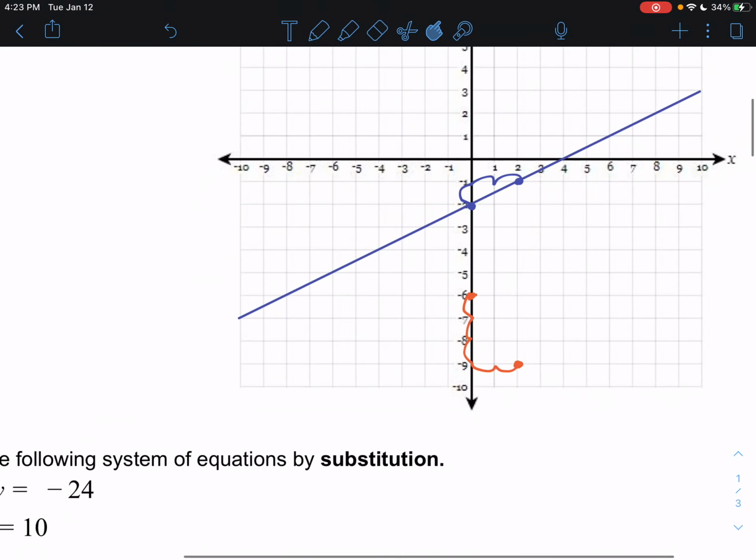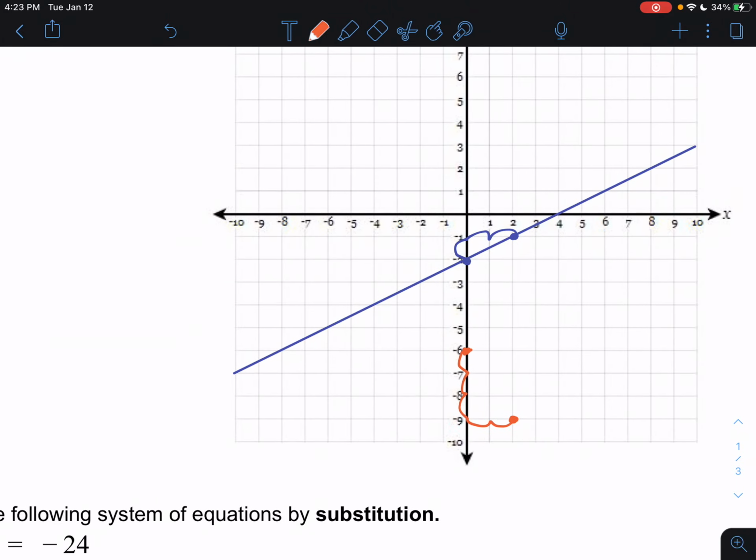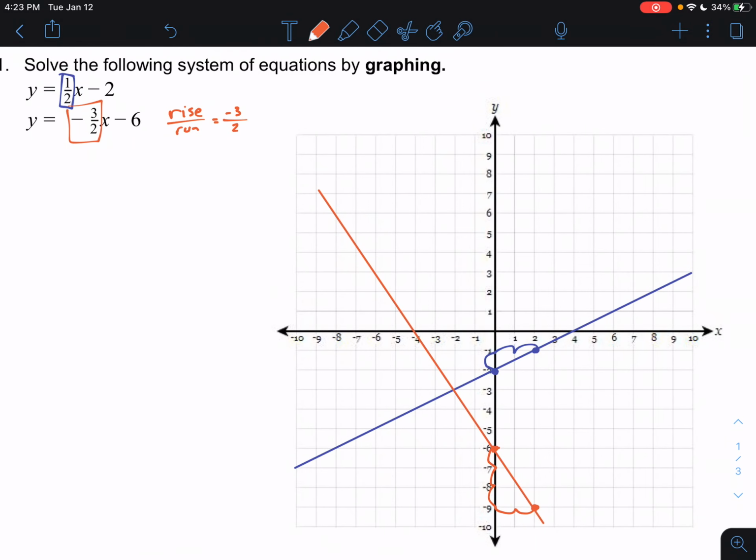So I have that, and I am going to plot a line through these 2 points now. Something like that. Yeah, I'll go with that way. All right. So I plotted both those lines, and the solution to this system of equations is just where the 2 lines cross.